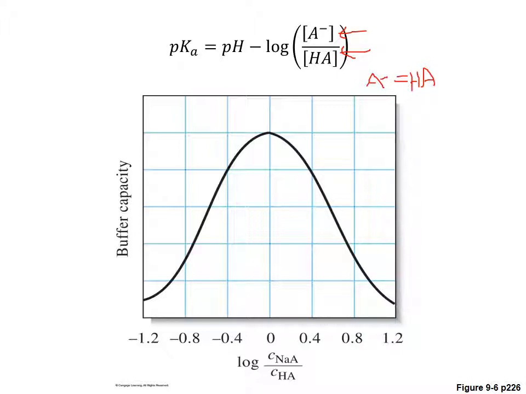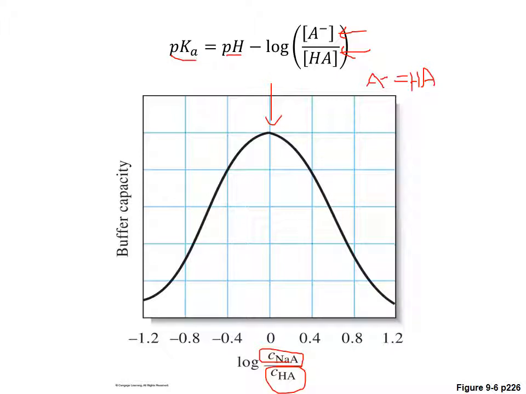So whenever we have a ratio of A- to HA, the log of that ratio when they're equal is 0. If we're at this point where we have a log of 0, we'd see that the pH is going to be equal to the pKa.